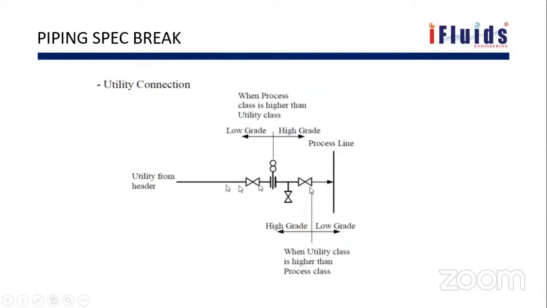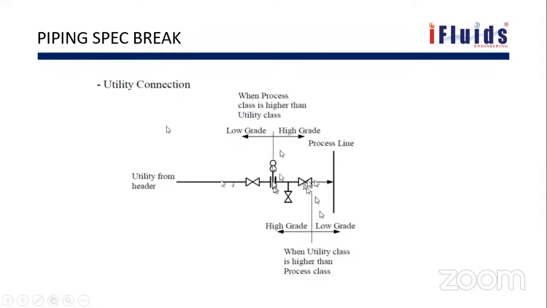So you need not provide the entire utility header with the high grade material. So you will be providing low grade till this isolation, because this line will be used only during shutdown. So this wall which is getting exposed to the process line should be of high grade material, because the process is of high grade.